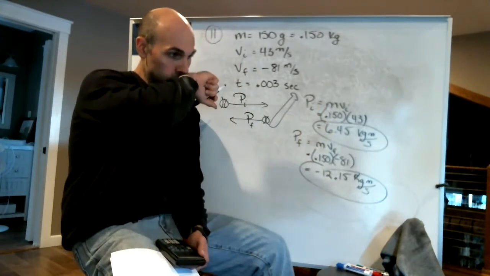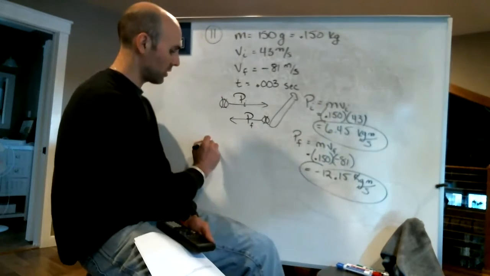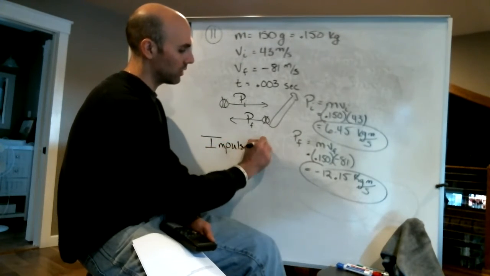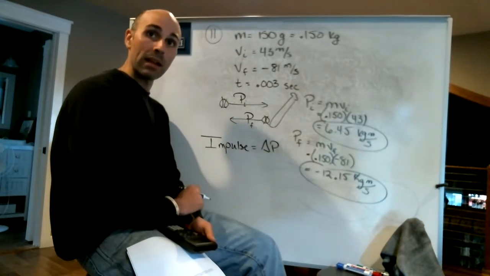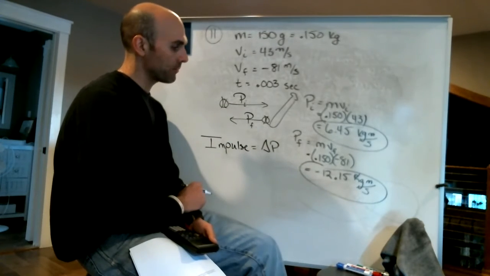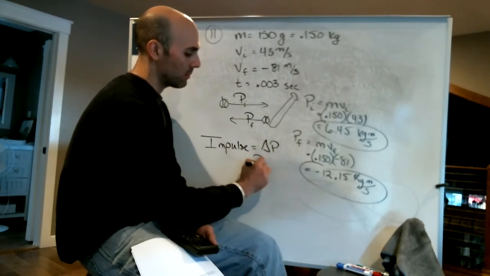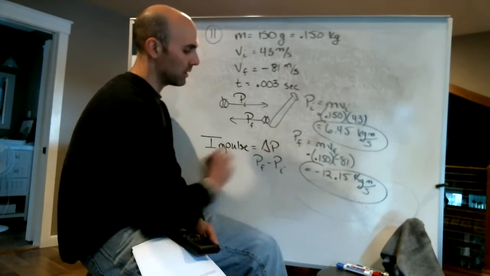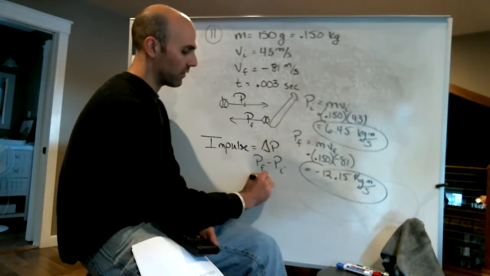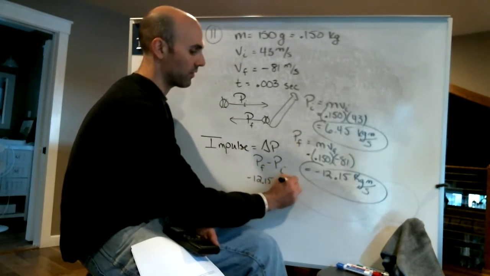So now let's look at our change in momentum, which is our impulse. Our impulse equals the change in momentum. All right, guys? So what's change in momentum? Well, it's just the P final minus the P initial. So let's fill in our P final, negative 12.15, minus our P initial, 6.45.